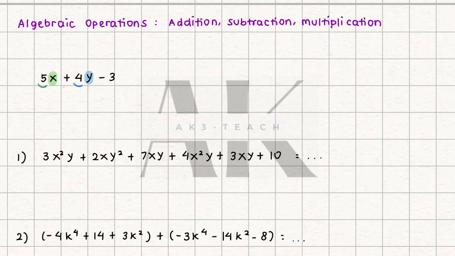And don't forget to mind the plus sign. That positive is also part of the coefficient. As for the x and y, those are what we refer to as variables.